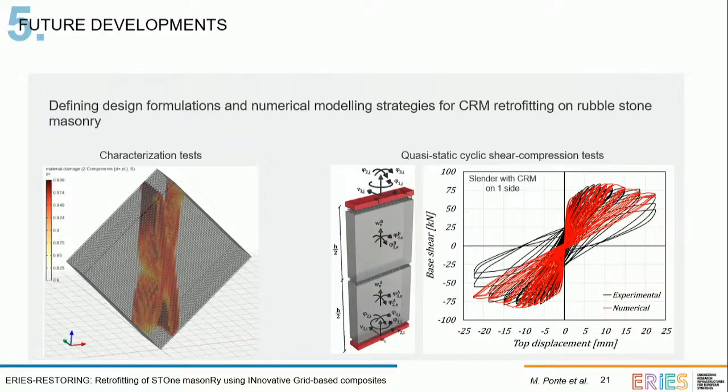And for future developments, defining design formulations, and also calibrating numerical models with the CRM retrofitting on rubble stone masonry. We have already started developing some with finite element modeling for the characterization tests, and also for the quasi-static cyclic shear compression test. We are still developing with new macro elements.